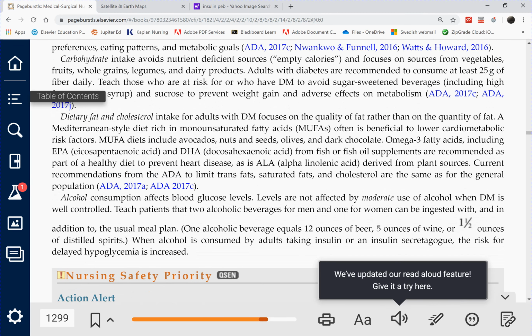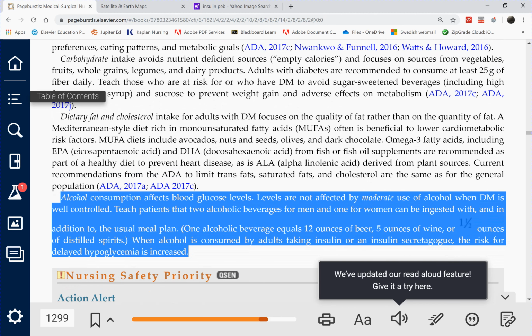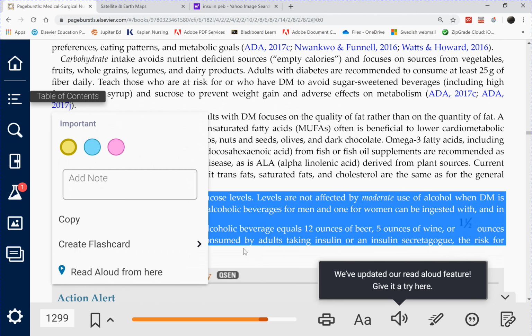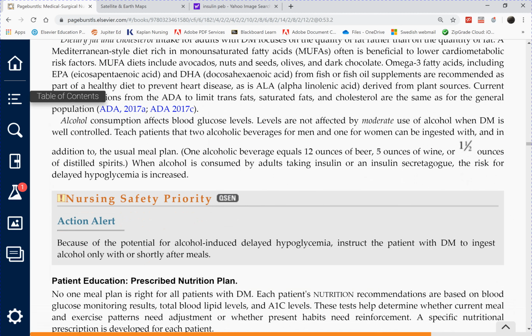This one is, of course, testable. Okay, how alcohol affects glucose levels. So please read the effects and how much alcohol should be taken only, the limits that diabetics will take.